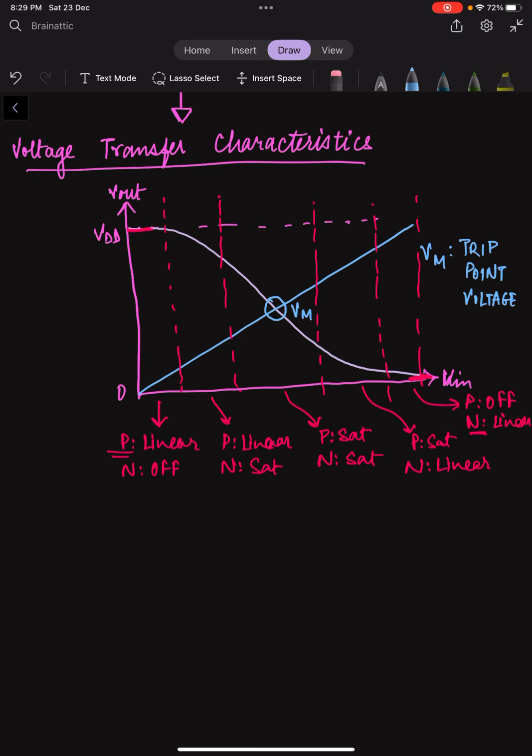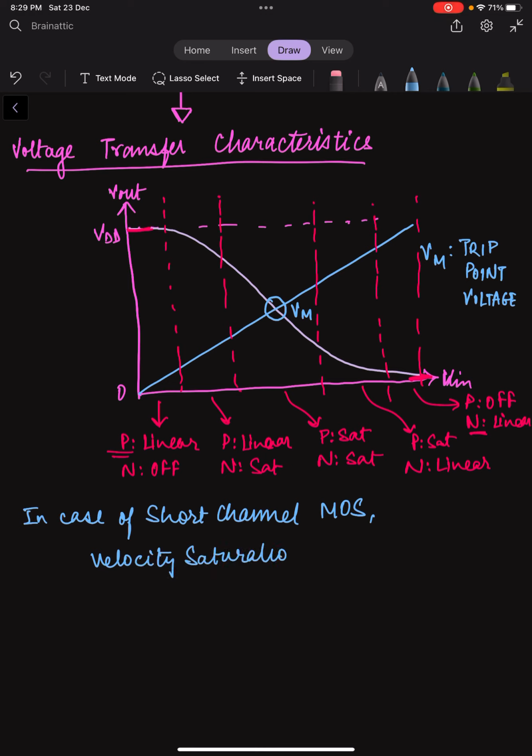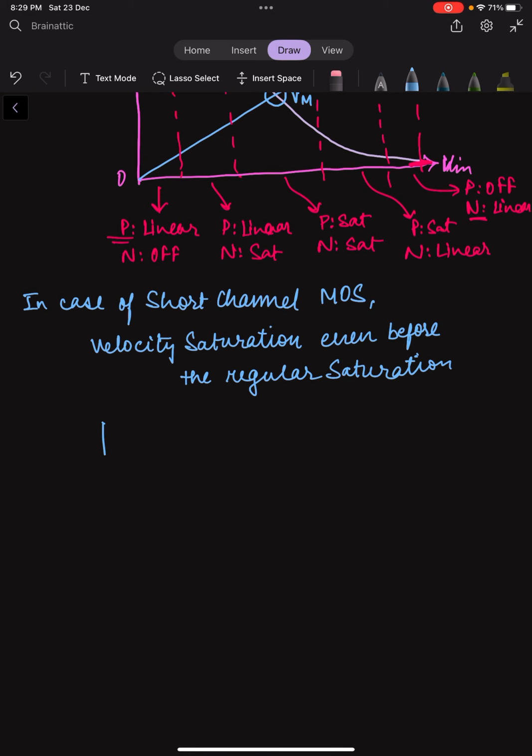Now, we know that in case of short channel MOS, we encounter velocity saturation even before the regular saturation. Just for understanding, I'll draw the IDS versus VDS graph for an NMOS.